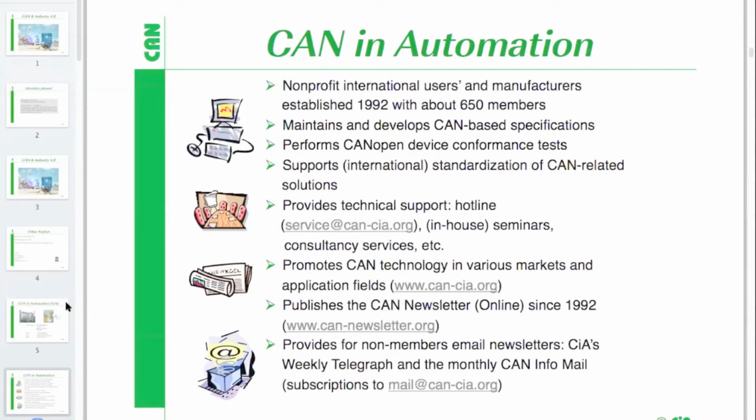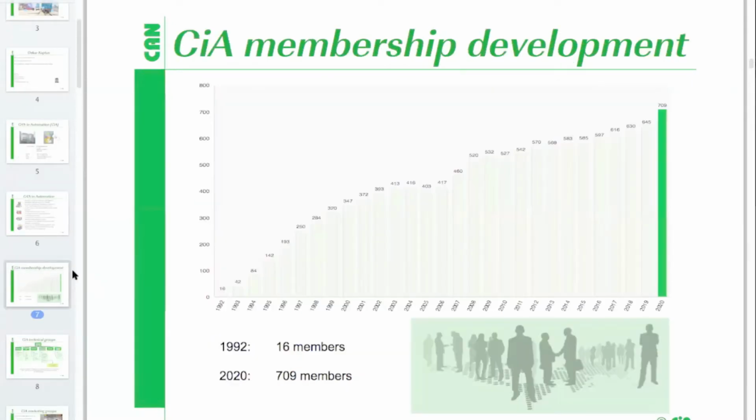It is first of all a membership-based organization. We have up to now about 700 members. It started more than 25 years ago, and as you can see, the number of members has grown and been held constant over time, meaning the interest in CAN-based technology is still continuing.